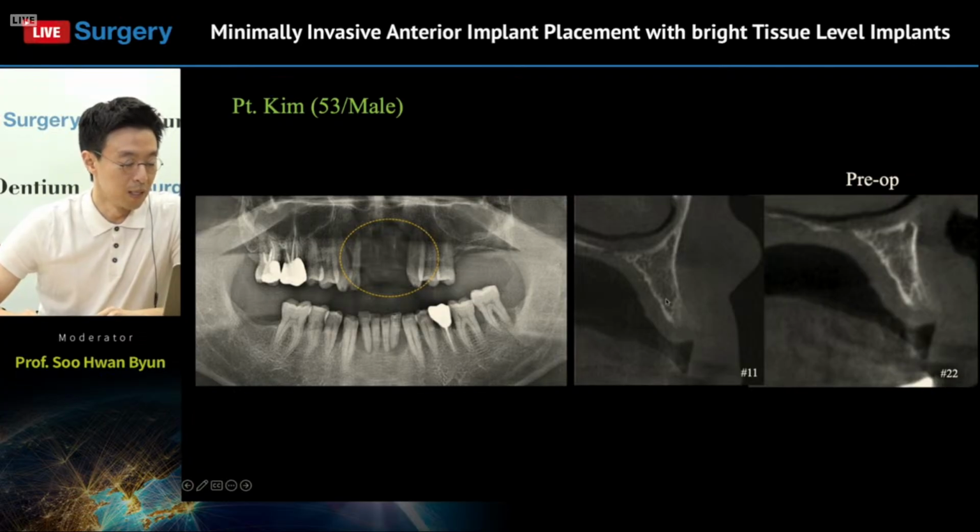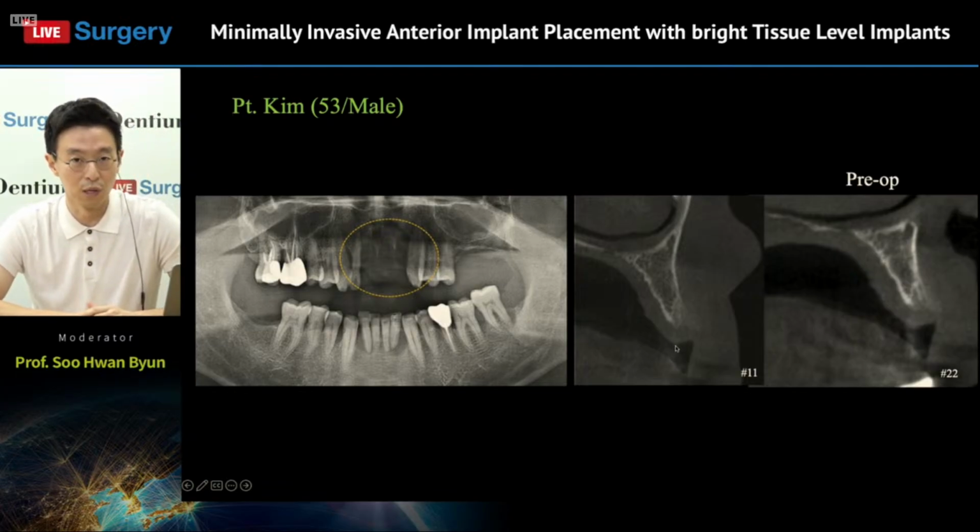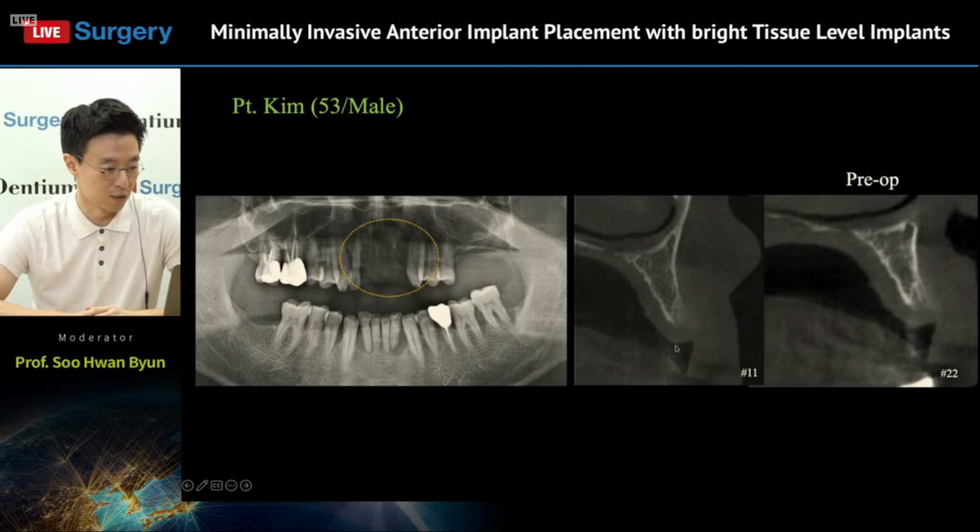In the CBCT images, the ridge width was narrow, and in this situation we could use the 3.6 or 3.5 millimeter diameter conventional fixtures. So in this case, I decided to use the Bright Tissue Level implant, 2.0, 2.5 or 3 millimeter diameter.